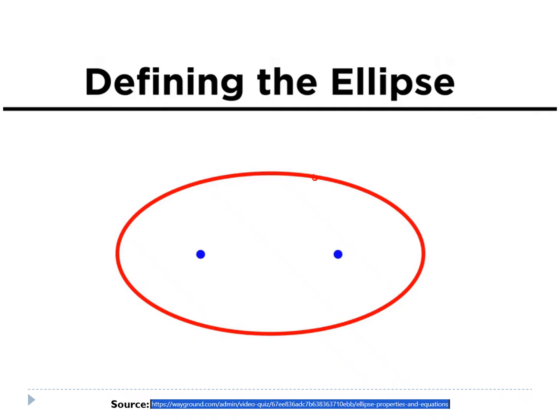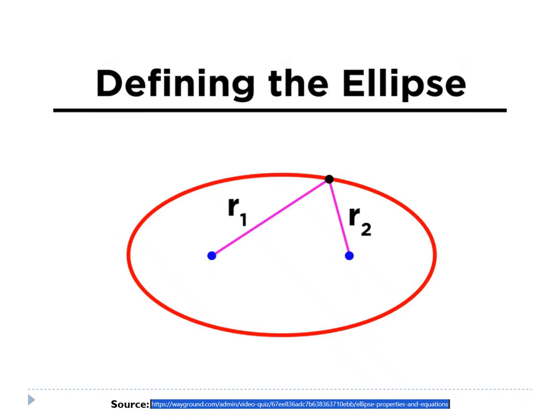When you measure the distances from point P to F1 and to F2, and let these distances be R1 and R2, then as I've shown a while ago, R1 plus R2 is equal to 2A.